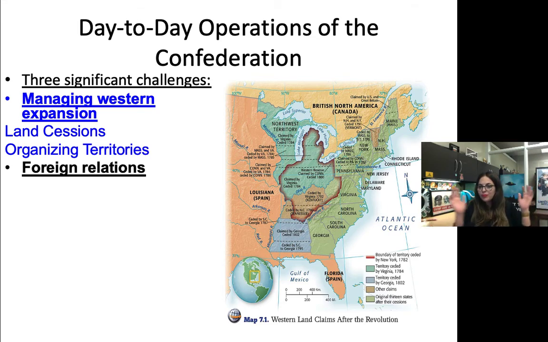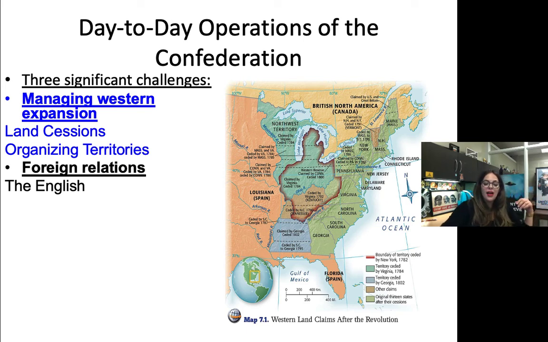Okay, so another big problem is foreign relations. Again, this is all happening during the early years of the United States under the Articles of Confederation. What kind of power does the Articles of Confederation have when it comes to dealing with foreign countries?